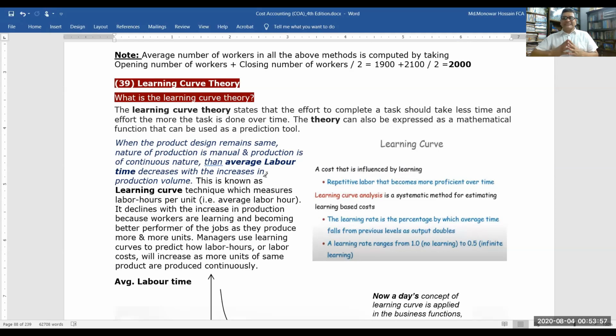Learning curve analysis is a systematic method for estimating learning-based cost. The learning rate is the percentage by which average time falls from previous levels as output doubles. A learning rate ranges from 1, which means no learning, to 0.5, infinite learning.